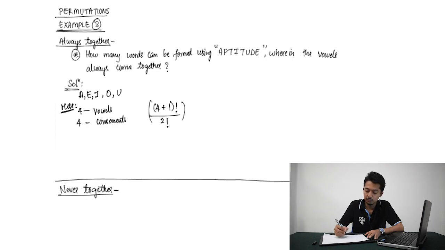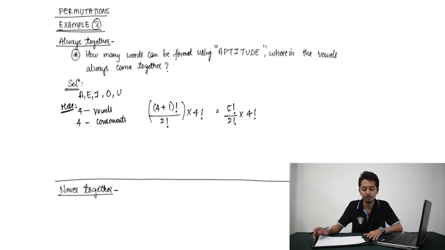And into the part which most of us miss, there can be inter-arrangement inside the vowels, so we have to consider that part, therefore 4 factorial. This is the solution for this problem, that is equal to 5 factorial divided by 2 factorial into 4 factorial. Look at the options. If the options have whole numbers, then simplify the problem. If not, mark the correct one.